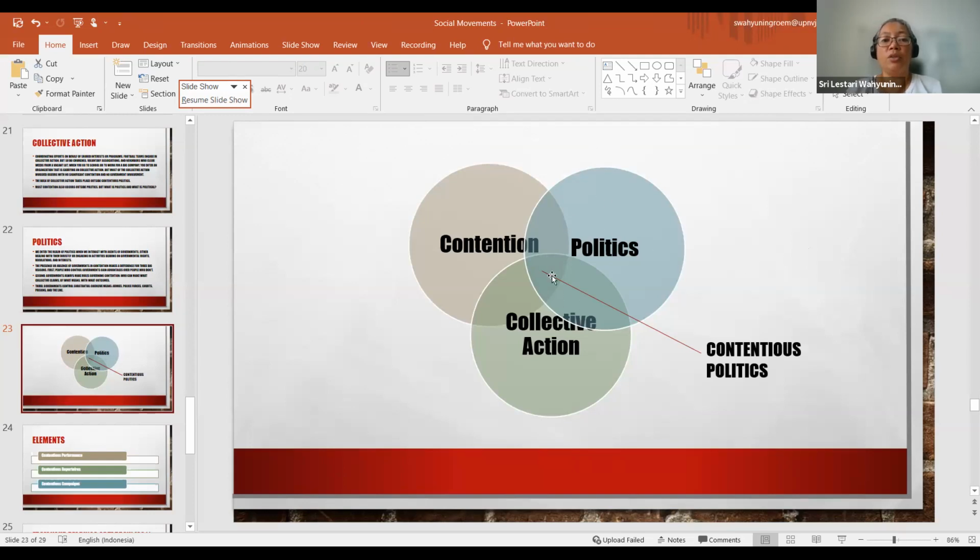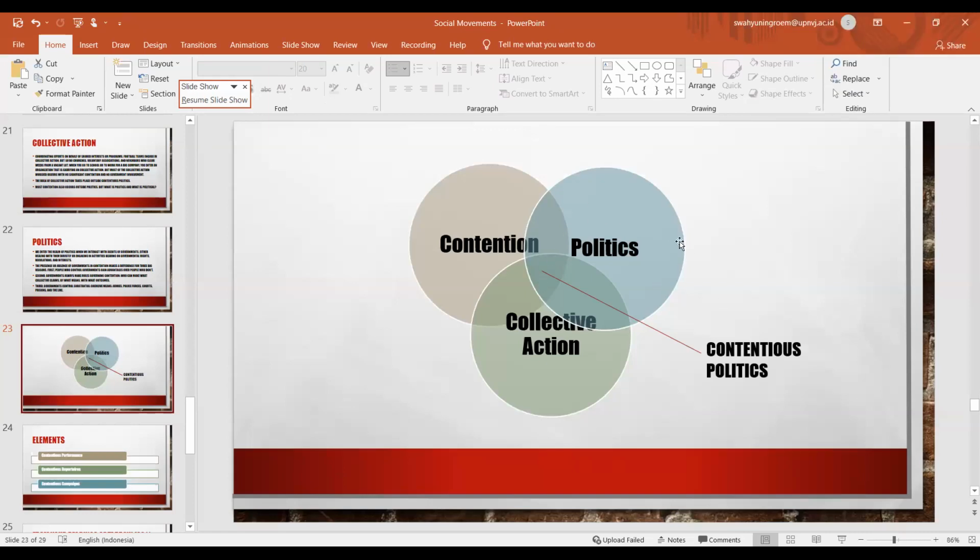It has to have other aspects, contention, and also the other aspect is collective action, because you cannot abandon this. If a movement has the elements of politics and contention, but no collective actions, then we cannot categorize that as a political movement or social movement.